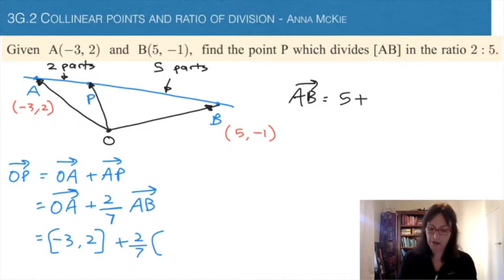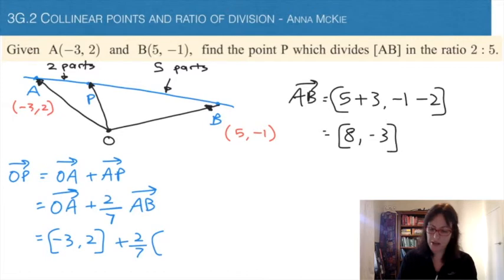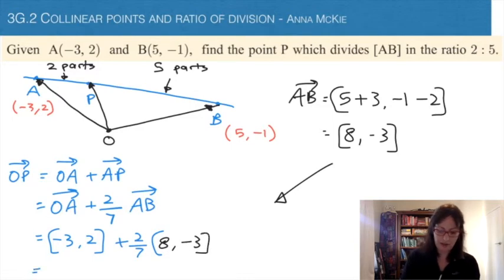But therefore it becomes a +3, and the vertical component is -1, subtract 2. Working that out, I get 8, -3. So that is AB. I'm now going to put that back in over here where I need it, 8, -3, and I'm going to carry on working this out.